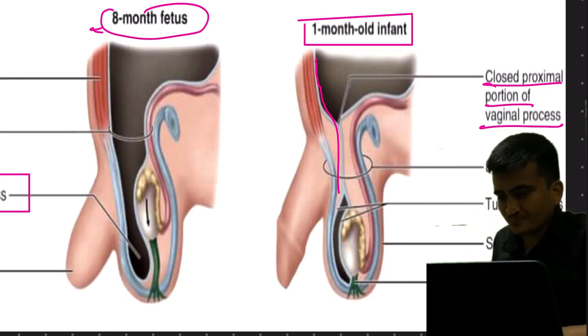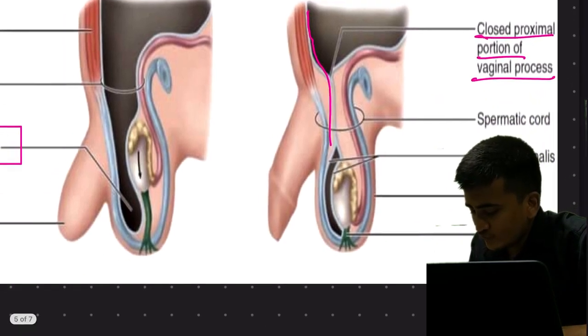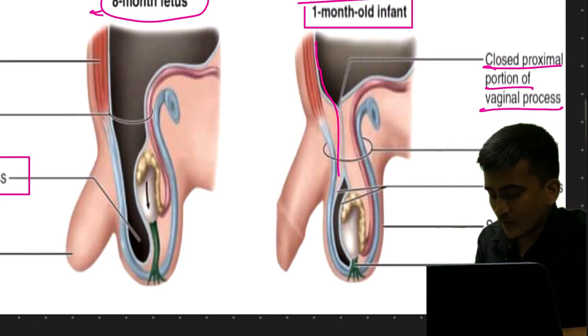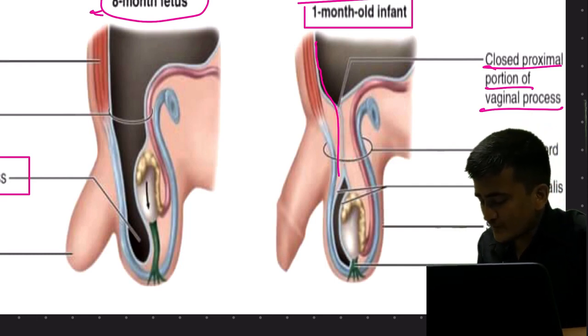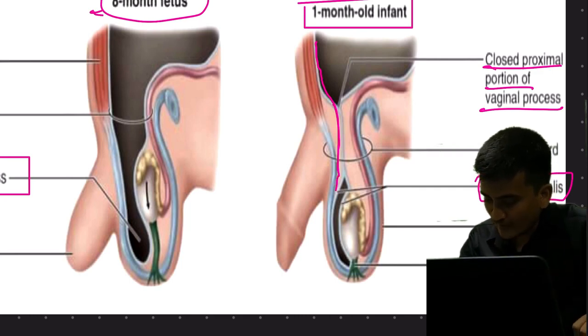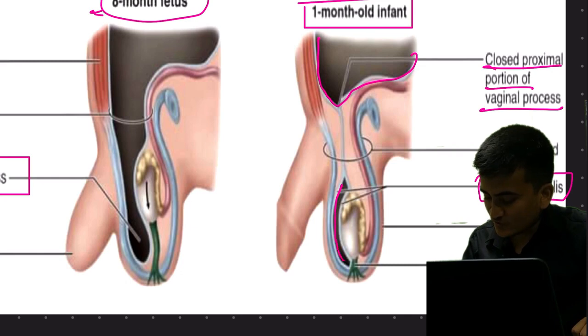So now if you focus right here, because of closure of our vaginal process, there will be formation of a double layer peritoneum structure right here, and that is tunica vaginalis, right? You can see right here it was continued earlier, but right now this structure and this structure are being closed.